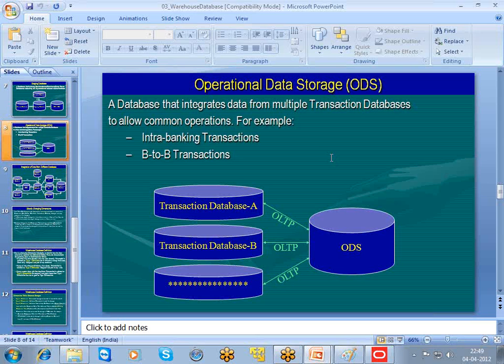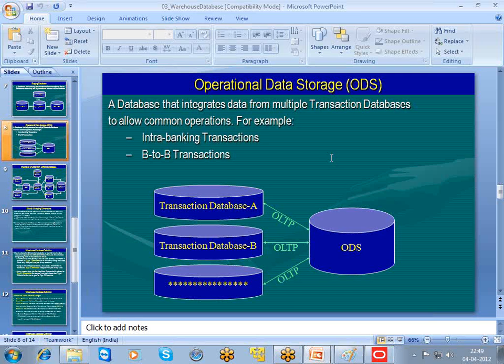How exactly do we understand ODS? This database is planned for integration purposes, not for warehouse purposes. Say I have different branches in different locations, and the data is on different platforms. I'm not planning a decision-making solution, just a single point of access.